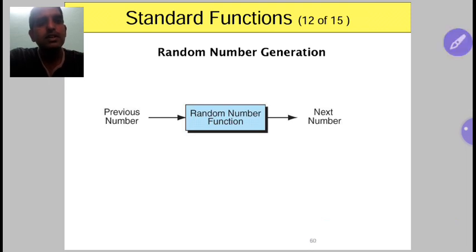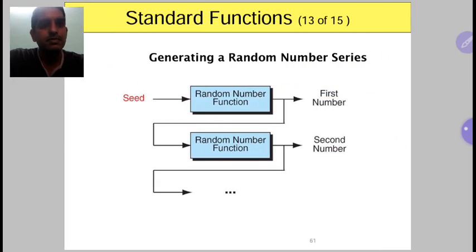If you give a range from 0 to 5, any random number from 0 to 5 will be generated. It can be 1, 2, 3, based upon the number of times you call it. If you call once, it will give you one random number, so you can have a series of random numbers in this manner.